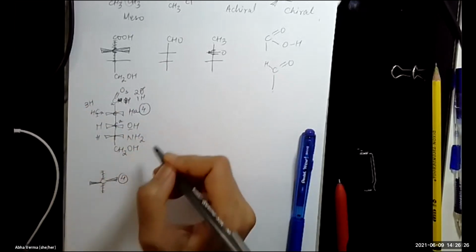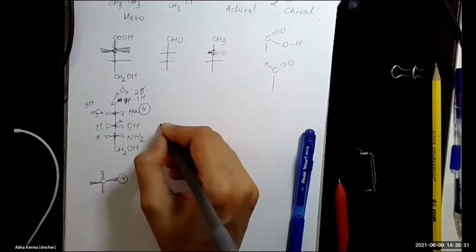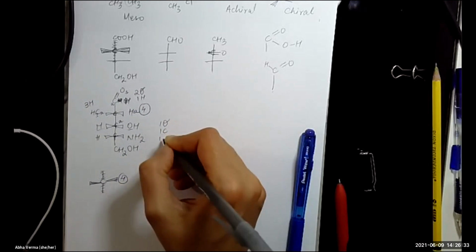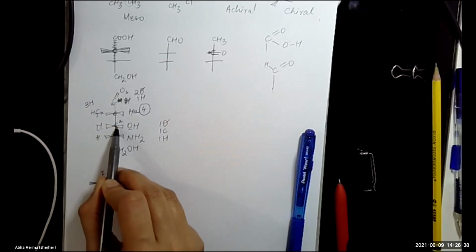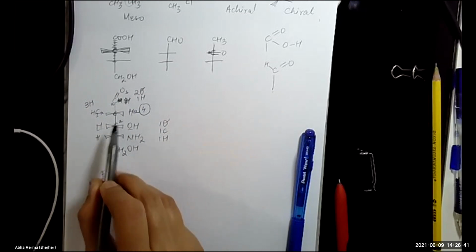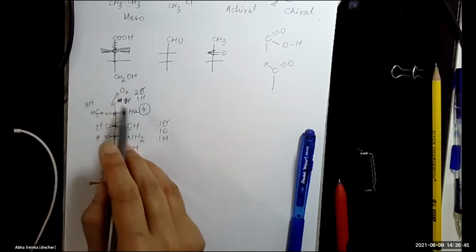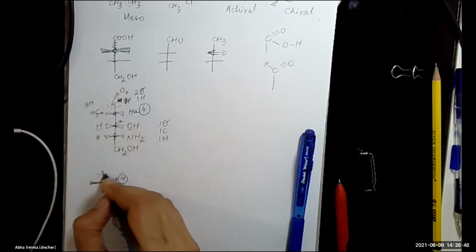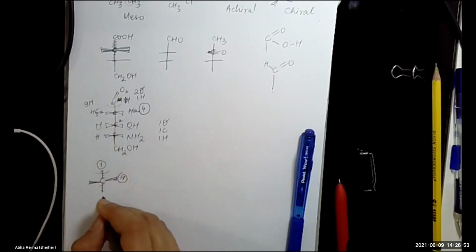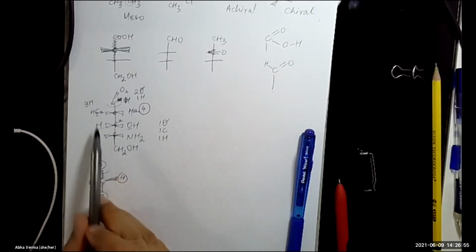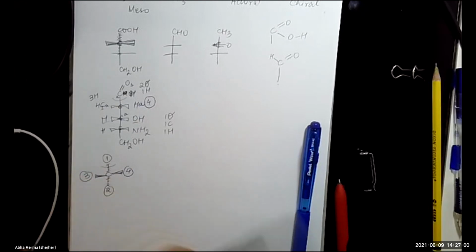I have 1 oxygen, 1 carbon, 1 hydrogen. And out of these 3 situations, this part will be my priority 1. This part is my priority 2, and this part is my priority 3.